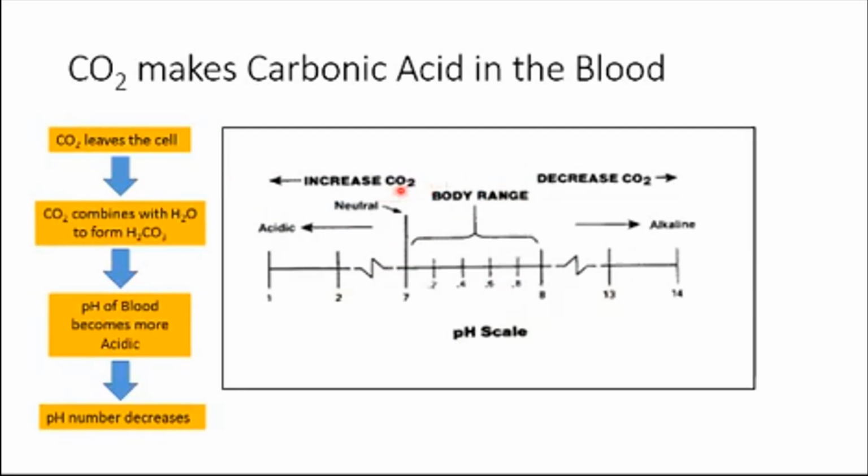So if we have an increased CO2 use, the pH goes down. Right, so our blood becomes slightly more acidic. Now the range is really right in here. So instead of being 7.5, we go down to about like 7.45, 7.4. It's a very small decrease in pH scale. All right.